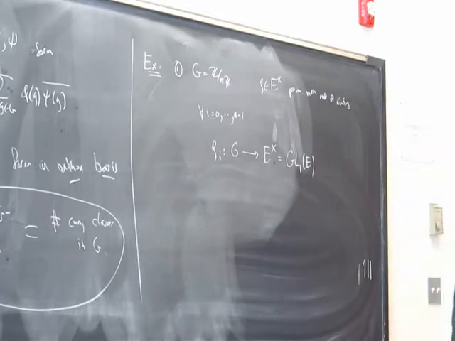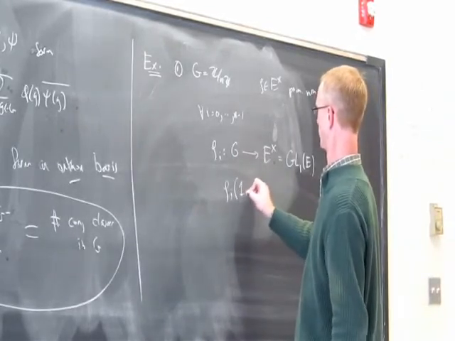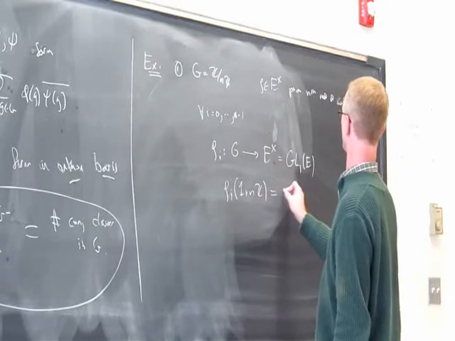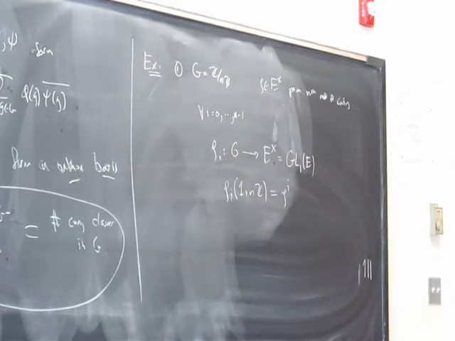So I'm thinking of V as being E, a one-dimensional representation, and rho sub i sends a generator, 1 plus nZ, if you like, to the ith power of this primitive root of unity. And those are exactly the simple modules.